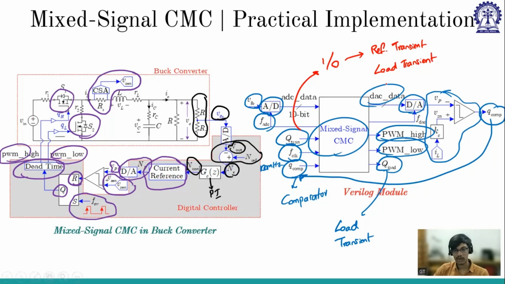And if it is selected for load transient, then this Q load will send the pulse to that output register that we have. So this is R1 and this is R2. Okay. Q load. Okay.